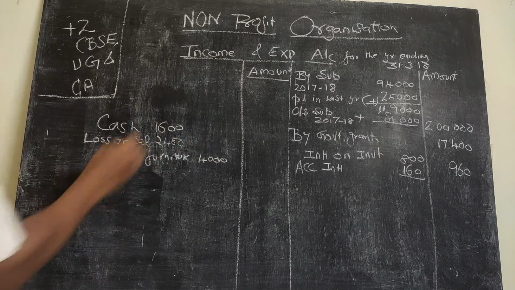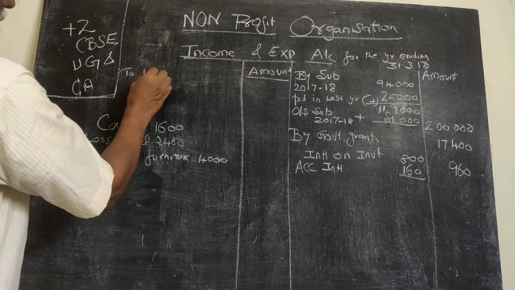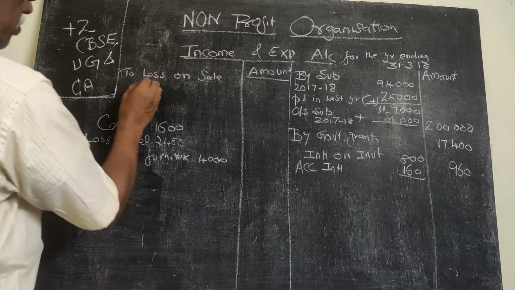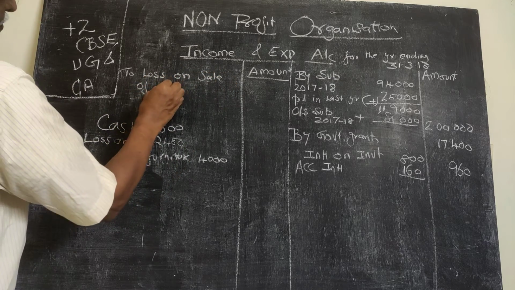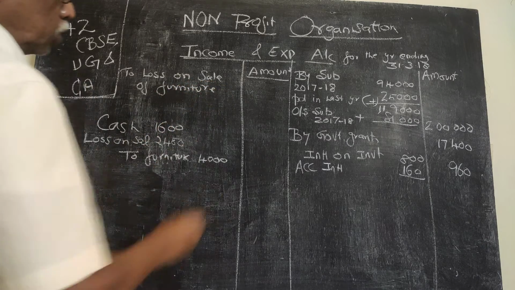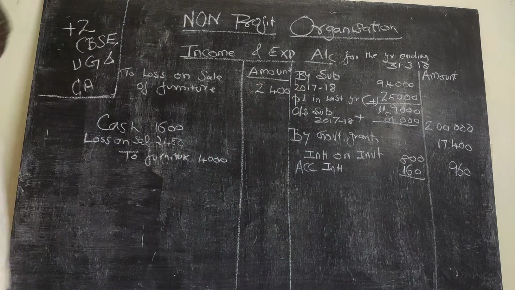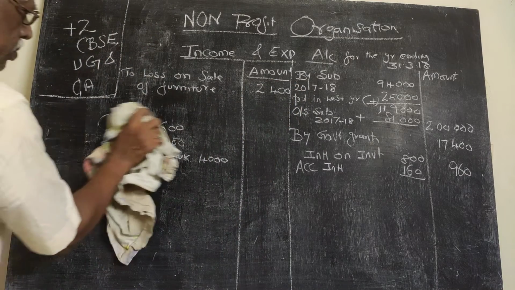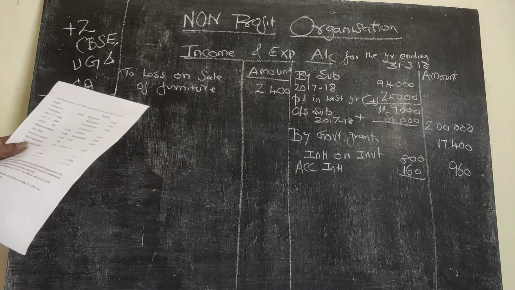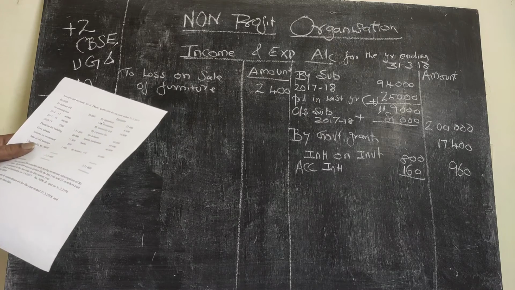That will come in the income and expenditure account. So, to loss on sale of furniture, 2,400. So we have taken into account all the figures on the receipt side.